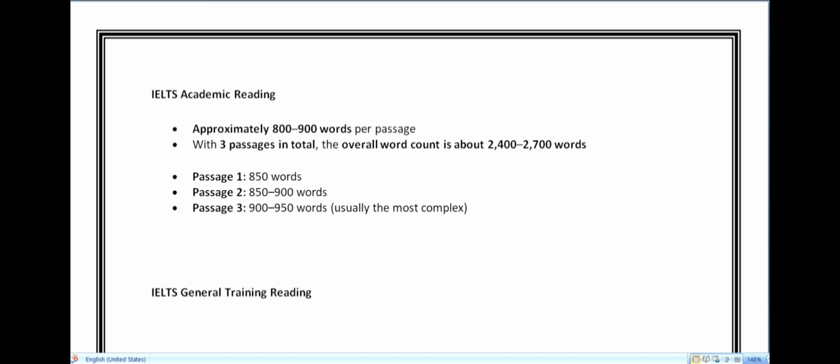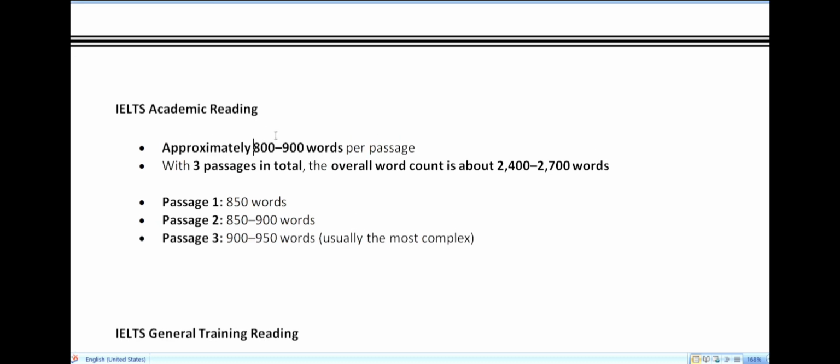So, let's understand what the passage is really about. Any academic reading passage will have approximately 800 to 900 words per passage. There are 3 passages in total and the overall word count is around 2400 to 2700 words.